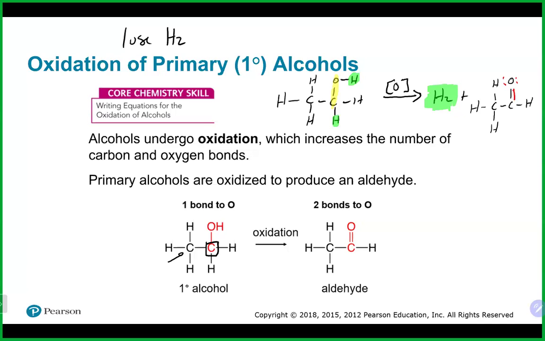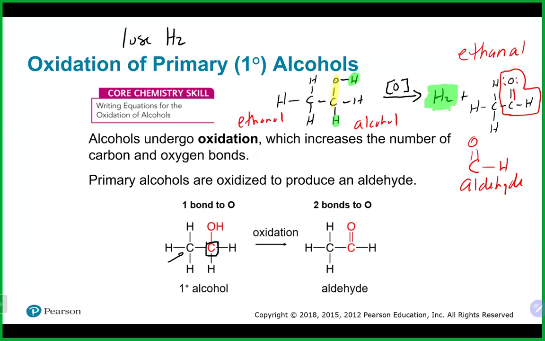We go from an alcohol, in this case ethanol, to this guy, which has a carbon, oxygen, hydrogen functional group right about there. That is an aldehyde. So we go from an alcohol to an aldehyde. And this guy, by the way, is known as ethanal, AL, also based off of ethane.